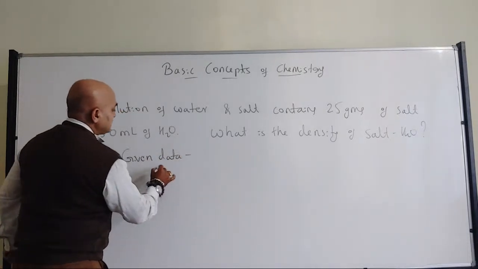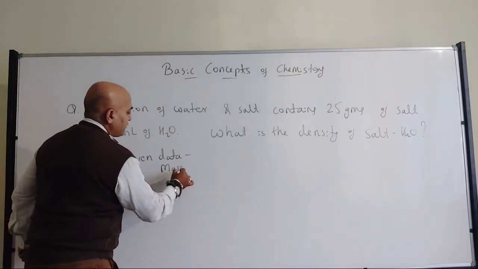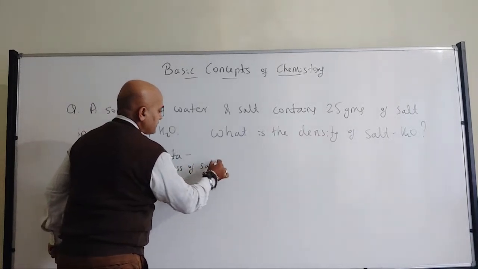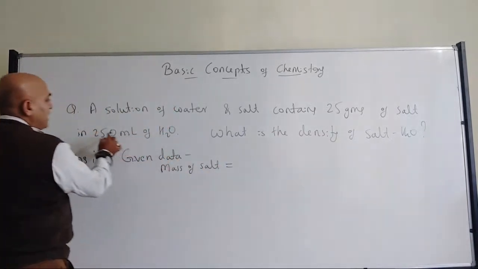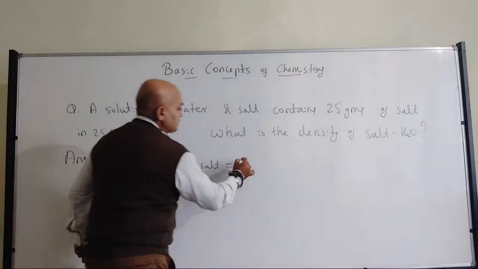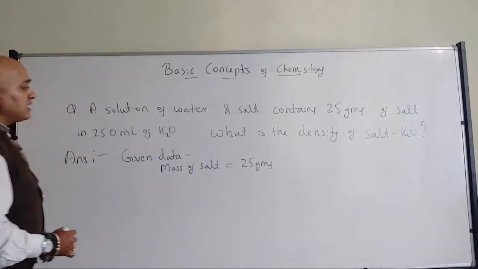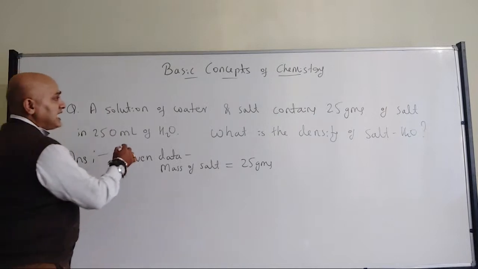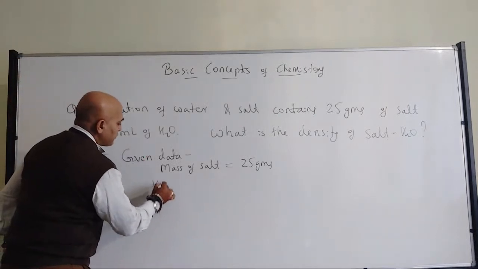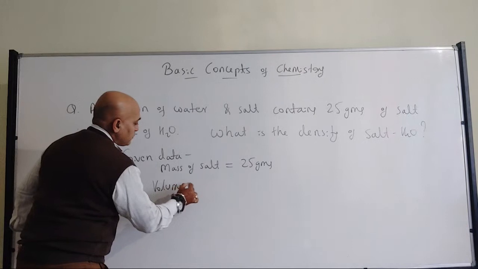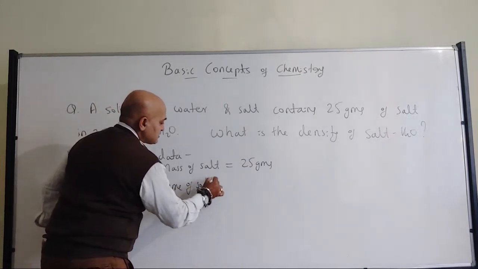Given data is mass of salt. They have given the mass of salt, that is 25 grams. Then what else they have given? Volume of solution.